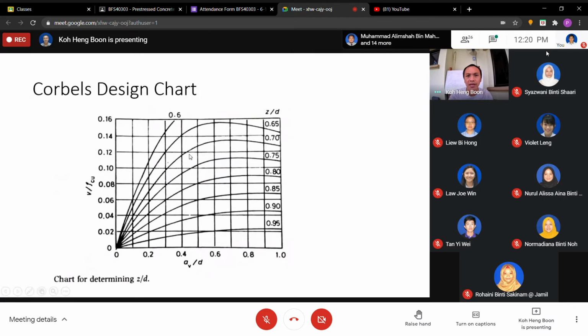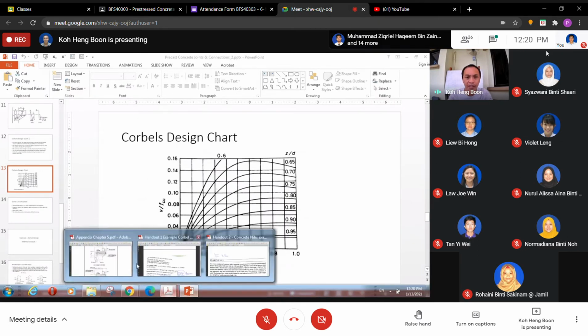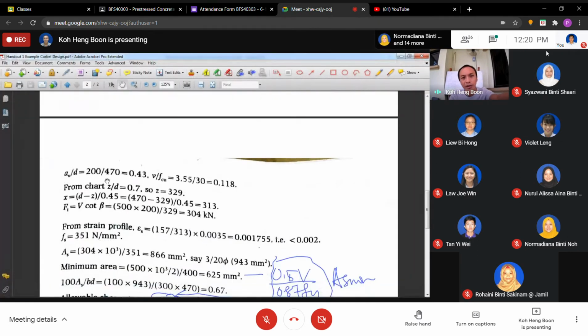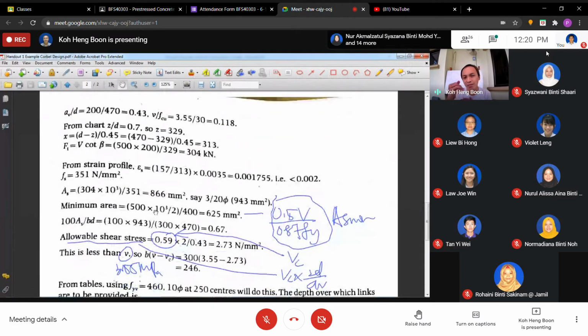You get something near plus minus about 0.7 Z over D. So we use Z over D equal to 0.7. It may be a bit less if you draw exactly, but approximately.